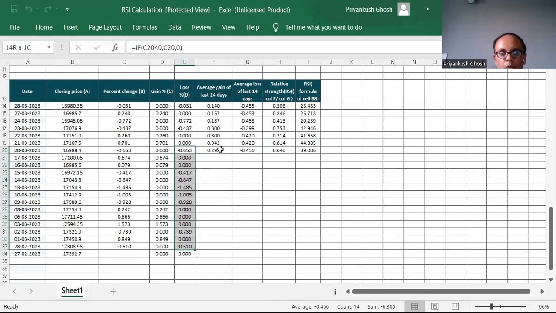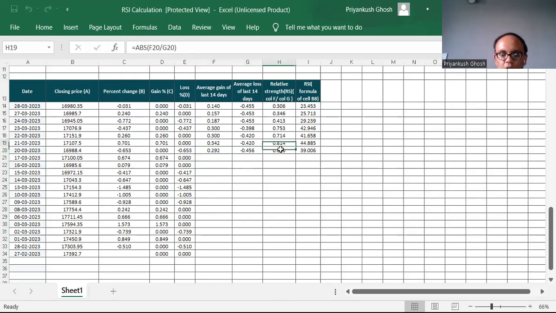So 0.292 and minus 0.456. Relative strength, RS, is column F by column G, absolute F20, because it is always a positive figure. That's why I have used the formula absolute F20 by G20. This is F20, this is G20.